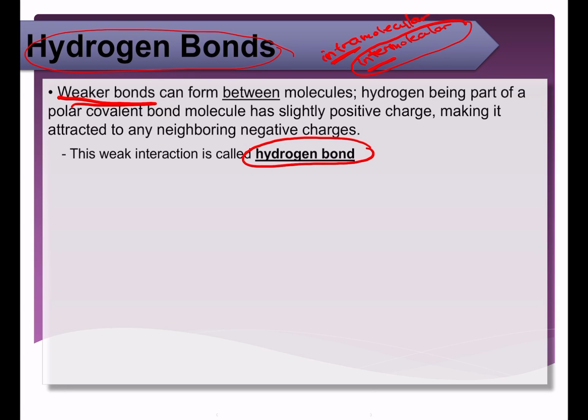Just like with ionic bonds, there is that attraction between negative anion and positive cation, because opposite charges attract. Same thing in this case, but not as strong as ionic bonds, due to it being just a slight negative charge and a slight positive charge that are attracted to each other.